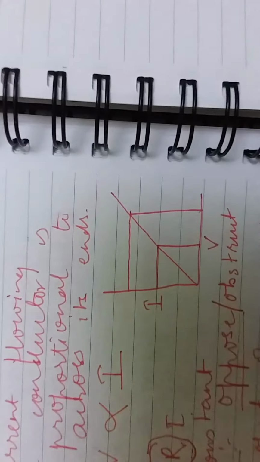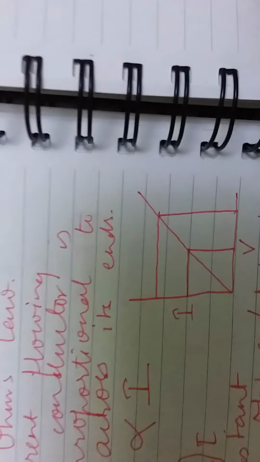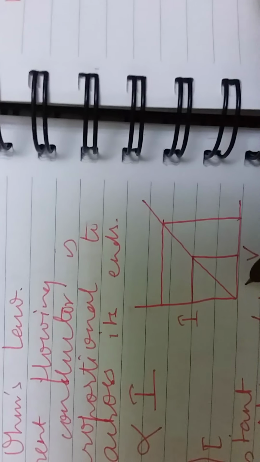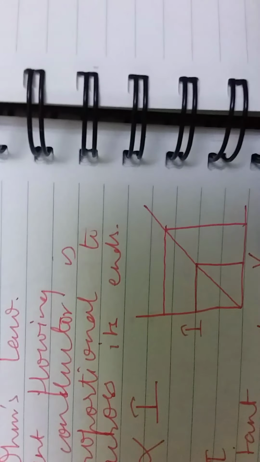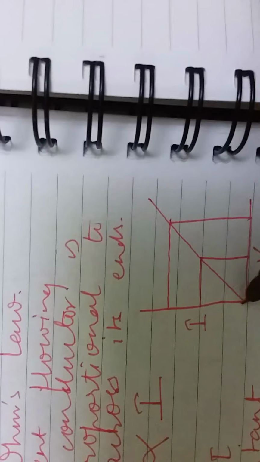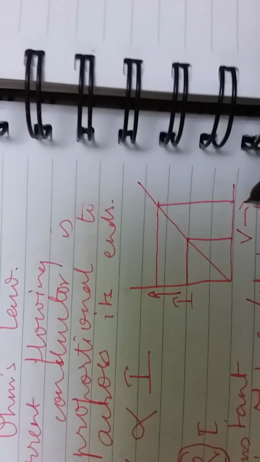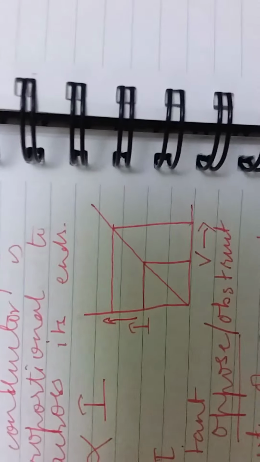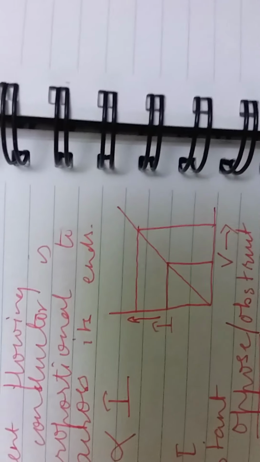One more thing importantly, since these two variables are in direct proportion to each other, so we'll get this straight line graph. So there are equal increments or equivalent increments in V and proportionate increment in I. And it's always a straight line graph for ohmic resistances.